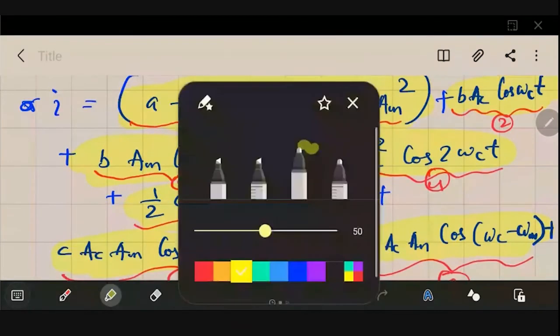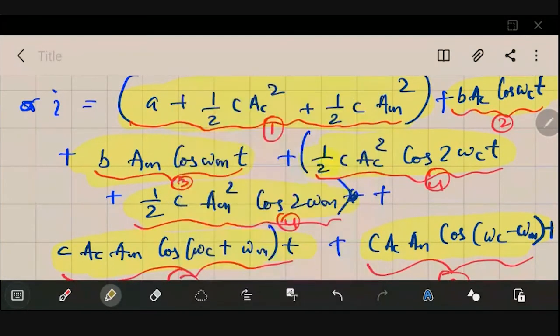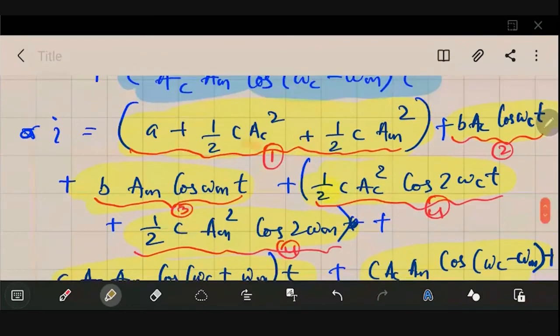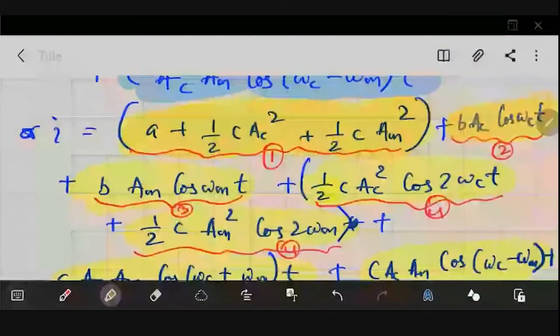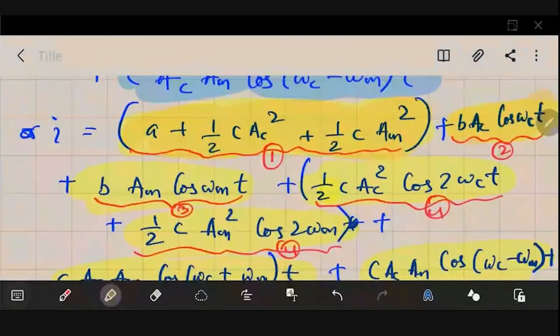Let me show you the first term, number one, A plus half C A_C square plus half C A_M square. That is from the DC component, basically a zero frequency component. Then the second term, B A_C cos omega_C t, is the carrier signal that we had given as input.